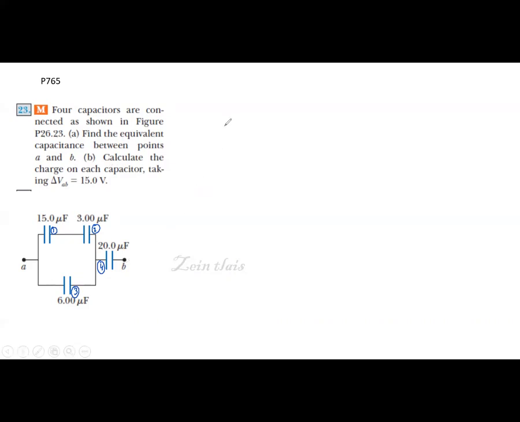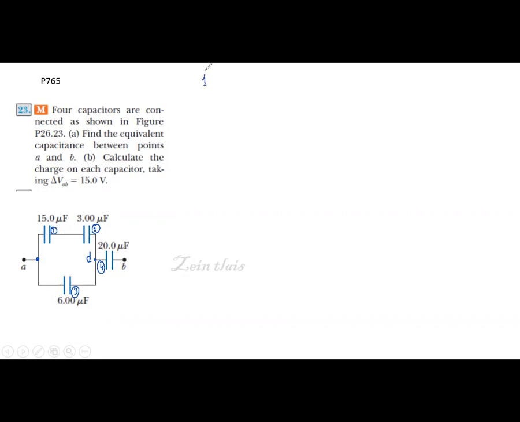Okay? As you see here, between this point and this point, we can say A and D, between this node and this node, we have 2 capacitors in series.